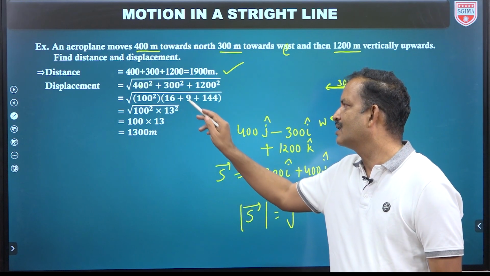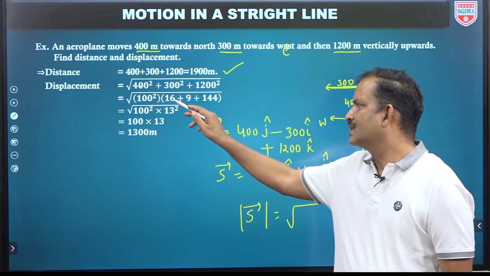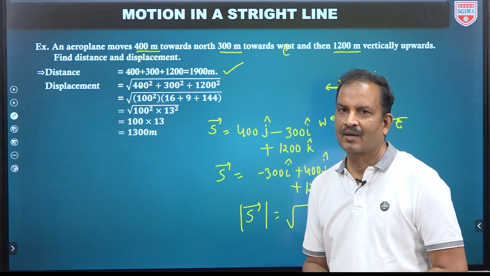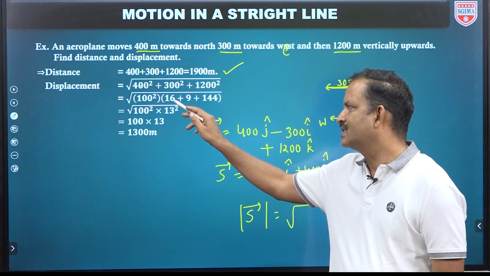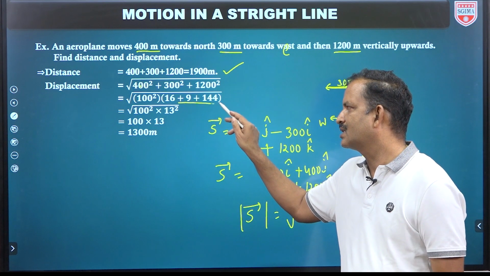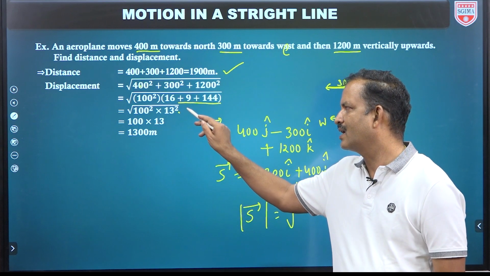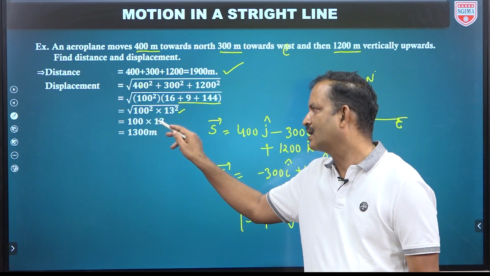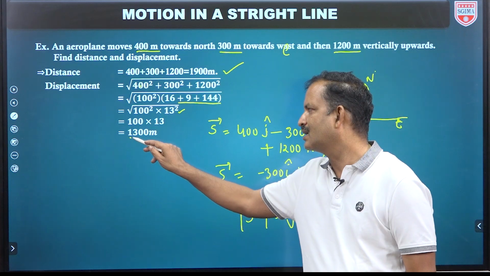Adding all these, 16 plus 9 is 25, plus 144, that is 169, which is 13 square. Now easily we can calculate the square root: 100 into 13, that is 1300 meters.